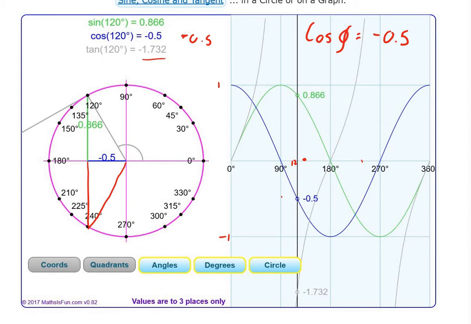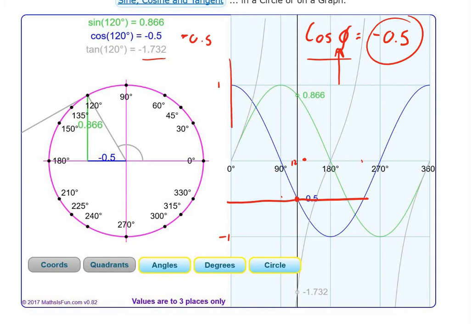Right, I'm going to look at it from a different point of view now. I'm going to say cos theta is minus 0.5. I want to find out what theta is in degrees. So how to do that? I would go to minus 0.5 here on the y-axis.